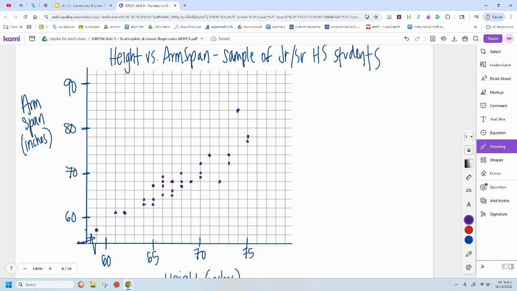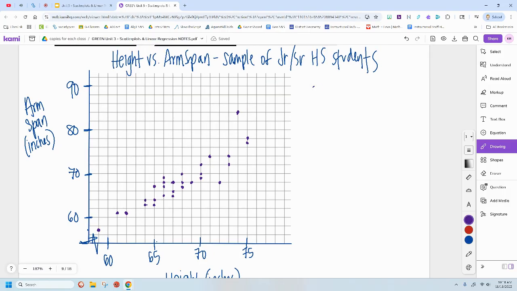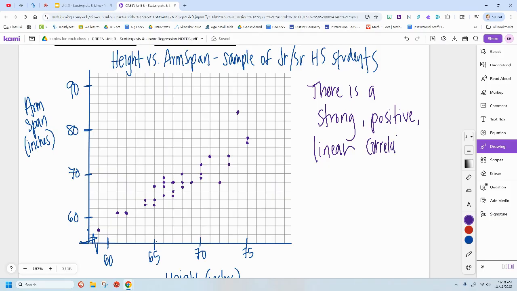So there is a strong, positive, we need another word, linear, because you have to say it's linear and not something else, right? It's a strong, positive, linear correlation or association between height and arm span.